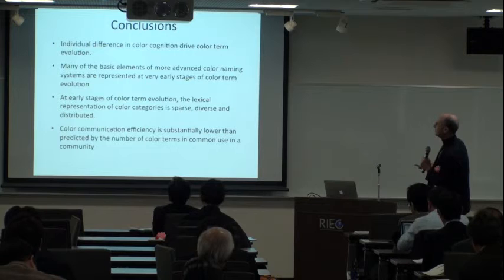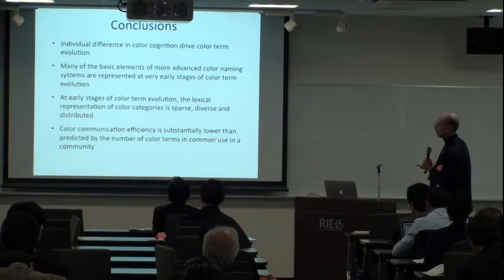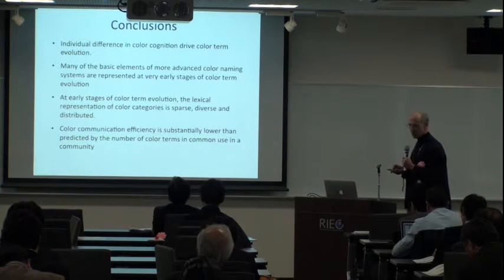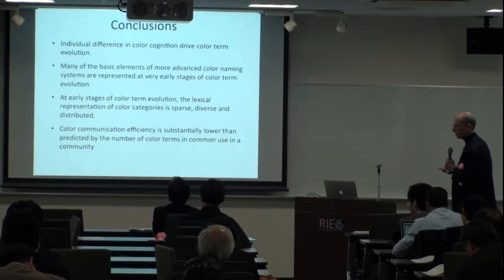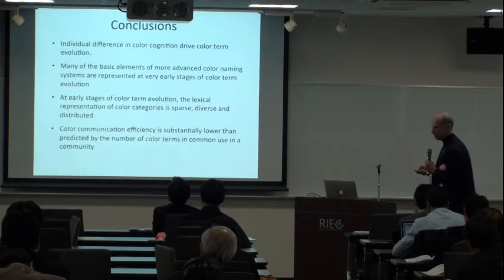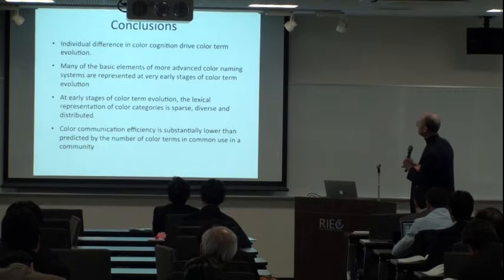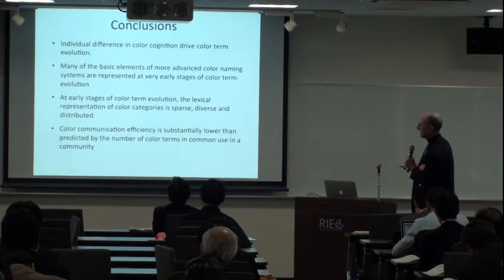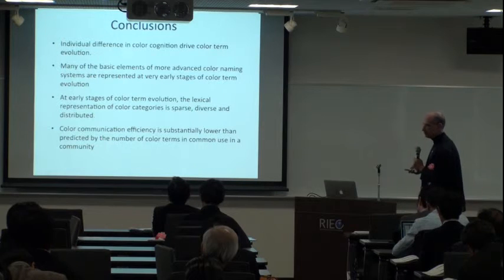I hope I've convinced you that there are large individual differences in color cognition around the world, not only in pre-industrial societies, but also in English and some modern color naming systems as well. And we believe that it plays a very important role in driving color term evolution.